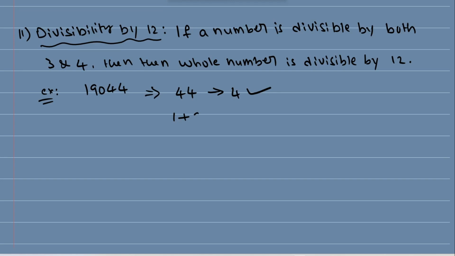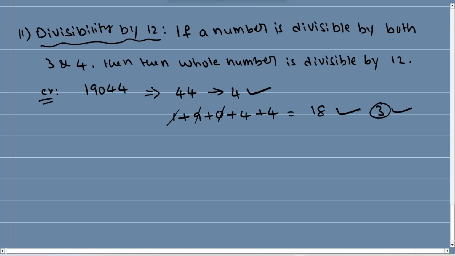For 3, you can leave the 0 here. 9 plus 1 is 10, 10 plus 8, 18. So 3 divisibility also succeeded here. So the whole number is divisible by 12. Okay, like that we will go.